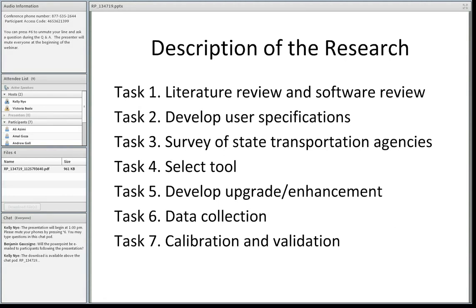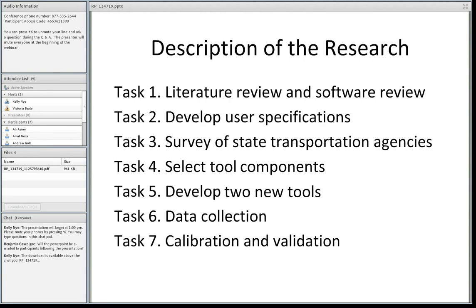However, as the project progressed, we ended up basically reevaluating, looking at those tools and extracting components that ODOT was interested in and developing, instead of an upgrade or enhancement, 2 new tools. In addition, we did some data collection out in the field for 2 construction seasons in an effort to calibrate and validate the queuing analysis tool.